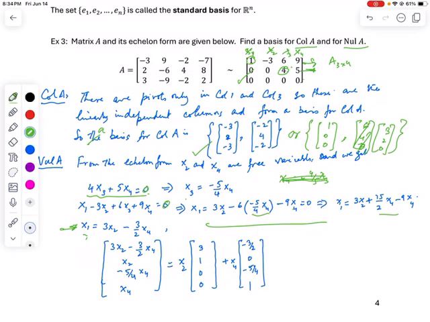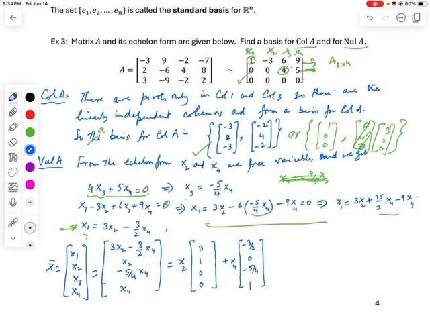So we can say x, which is equal to x1, x2, x3, and x4. That's how our vector x is. But x1 is now 3x2 minus 3 over 2x4. x2 is just x2 because it's a free variable. x3 is minus 5 over 4x4. That's what we found. And then x4 is x4.